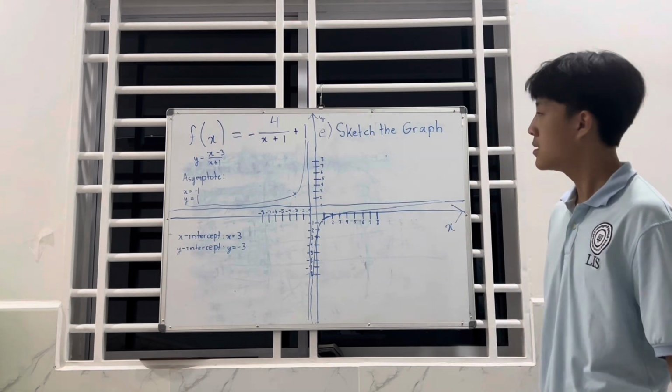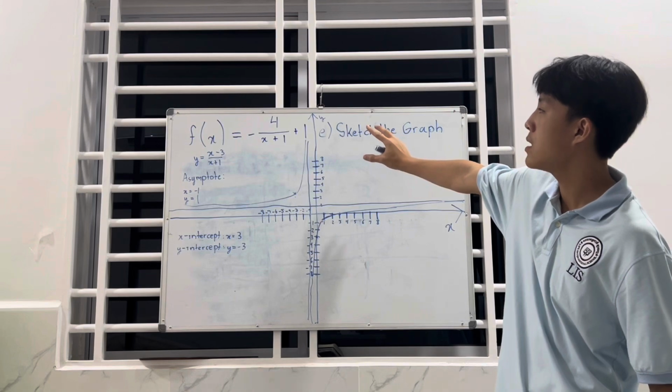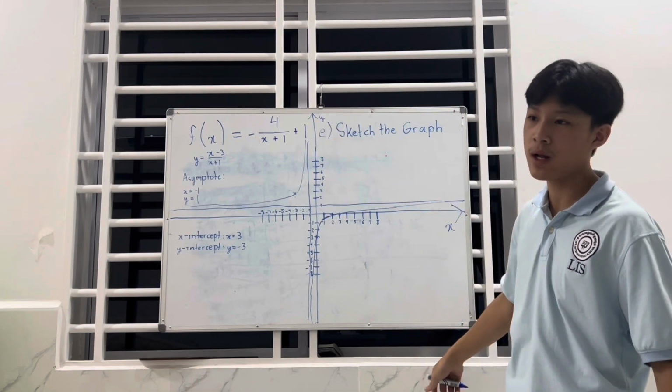And here, you have finally sketched the function y equals -4 over x plus 1, plus 1.